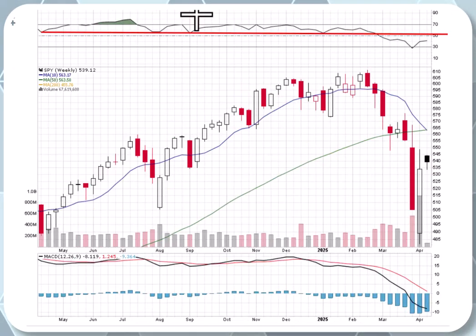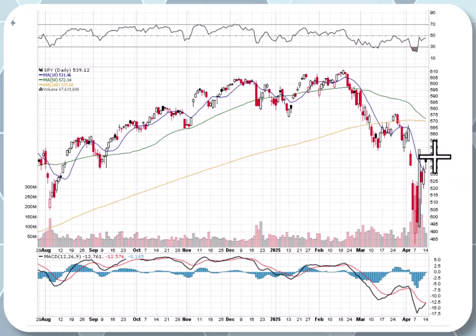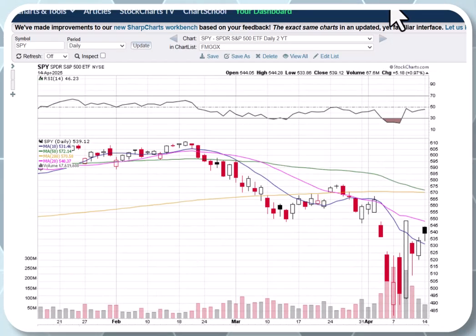Remember, over the weekend we talked about this piercing pattern which predicts some bullish action. So right now it's kind of coming true. Today's action made it. There's some good things and bad things about today's action.